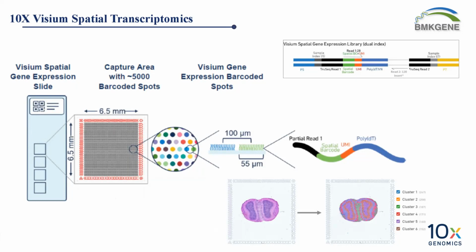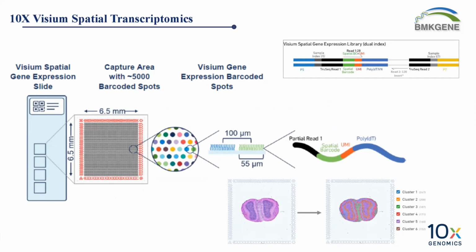On each single probe, there is a series of sequences that help us keep the spatial information as well as capture the mRNA molecules. The first part is the black one, the partial read, which is mainly to fit into the sequencers, for example Illumina, and they have these common adapters to align with the flow cell.